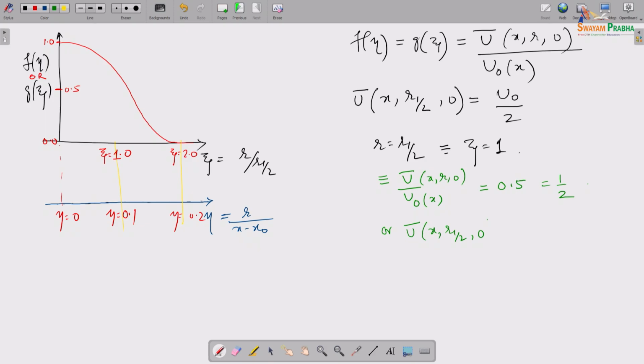It is because of r half that zeta is equal to 1 by u naught, which is equal to half. So you can see that also kind of checks out.